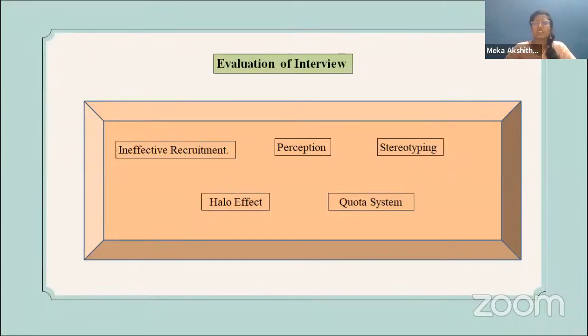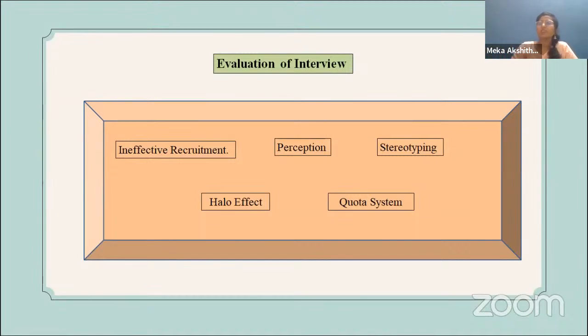After the interview is done, you have selected some of the candidates. Also, you have to evaluate the interview process because there might be many different barriers in this process. If you evaluate the entire interview process, you would be able to know if there have been any barriers, and if yes, how you can eliminate these barriers.